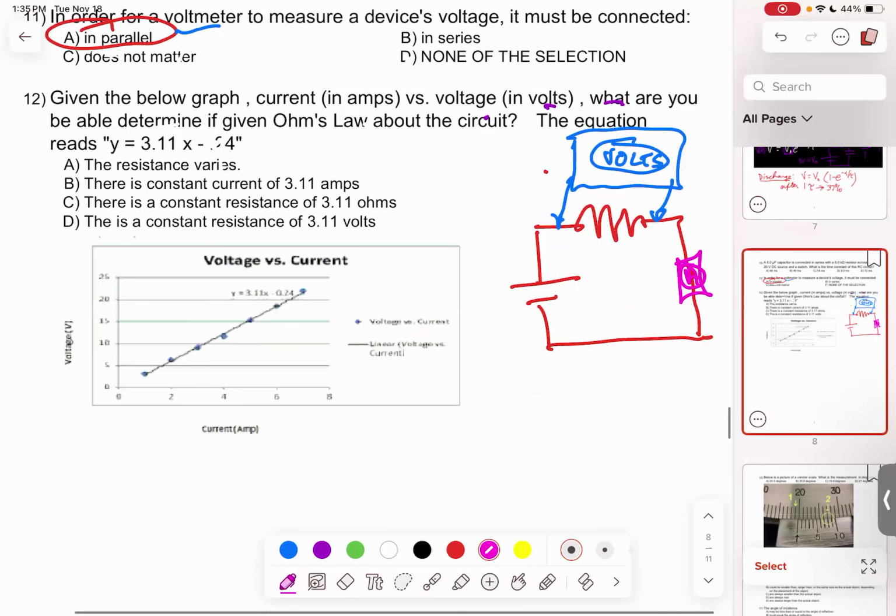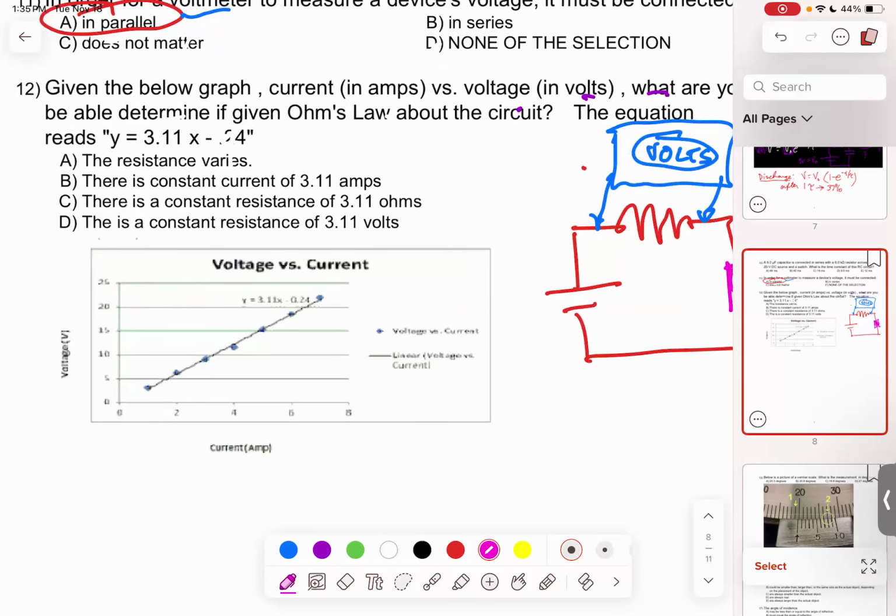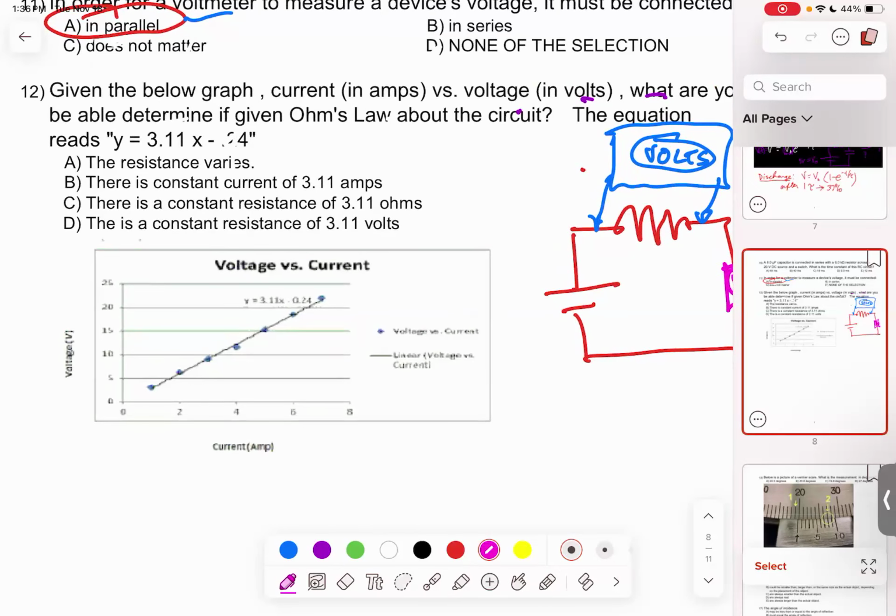All right, number 12. Below we have a graph that represents voltage versus current. What are you able to determine given Ohm's law about a circuit? So it reads that Y is equal to 3.11x minus 0.24.